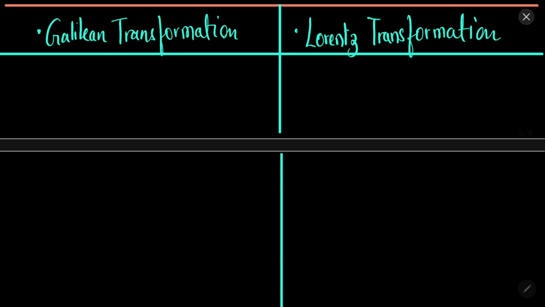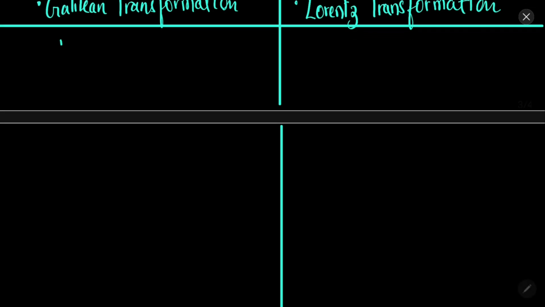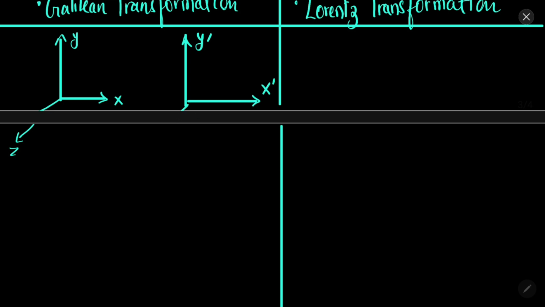So let's say that we have two situations, two frames of references, just like we started. Let's say one frame of reference is here, with axes y, x and z, and another frame of reference is here, y dash, x dash, and z dash.